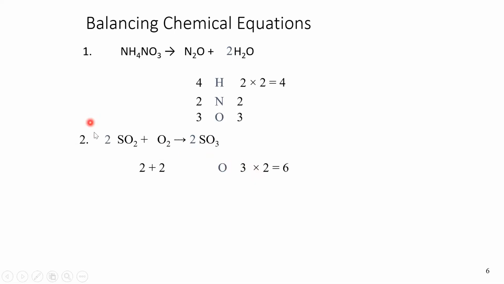Now, if we put a 2 in front of the sulfur dioxide, that's going to give us 6 oxygens on both sides. And it's going to give us 2 sulfurs on both sides. So now we have a balanced equation. So if you have an even number on one side and an odd number on the other side, multiply the odd number by 2, and it'll make it much easier to balance the equation.